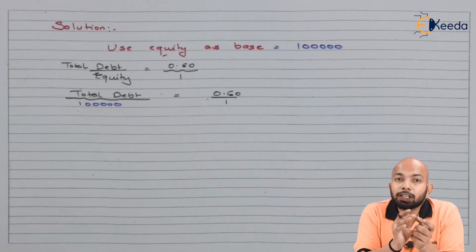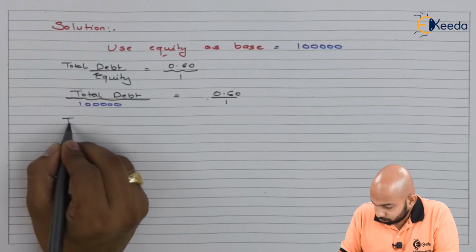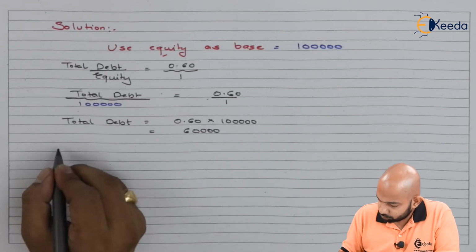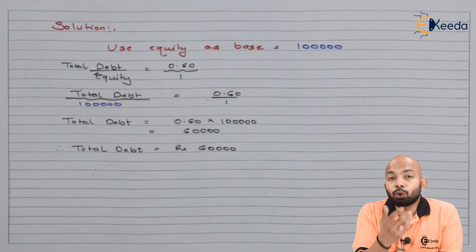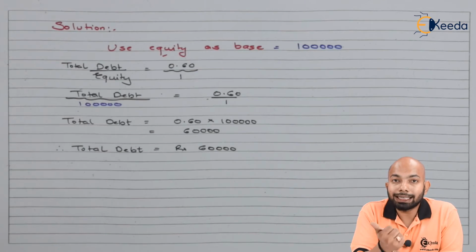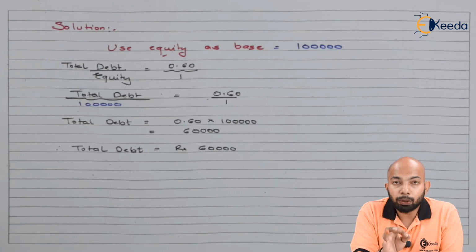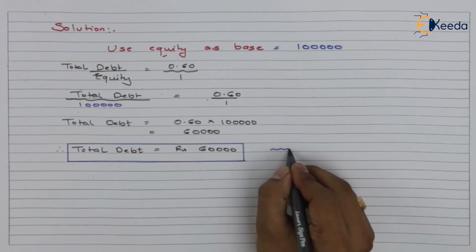Now you can just cross multiply and see what total debt comes up. So the total debt that has come up here is 60,000 rupees. It's a simple cross multiplication that we have done. We'll mark this as the first point, that is, we'll highlight it as A.